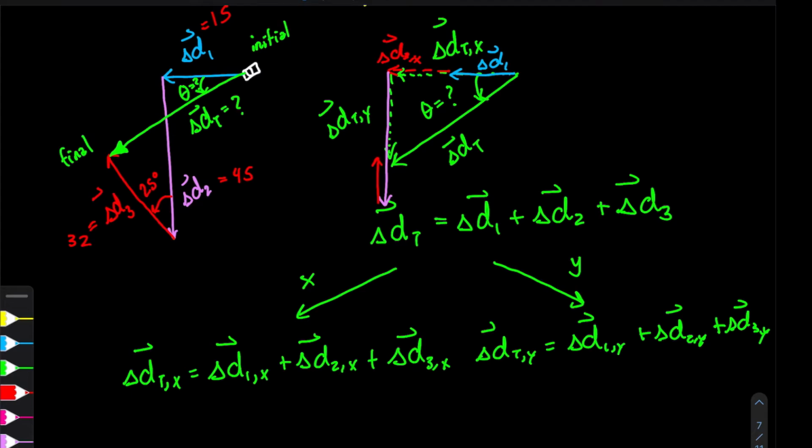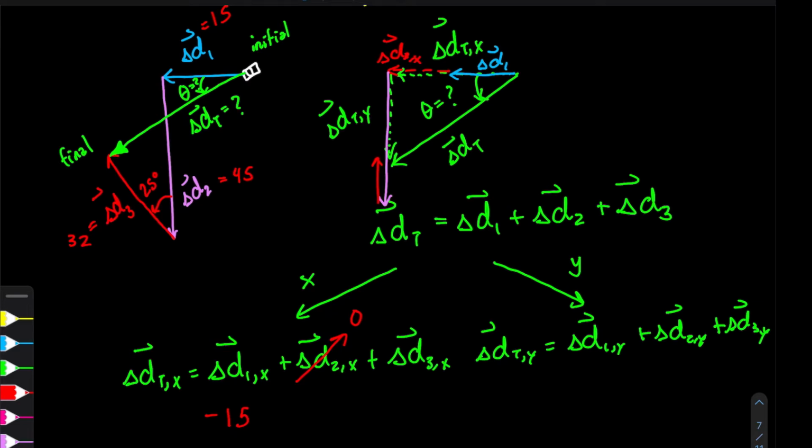Okay, so we can simplify our x components. Delta d1x is just delta d1 itself, and because it's pointing to the left, we have to put a negative. Delta d2x only had a y component, so along the x, it will be 0.